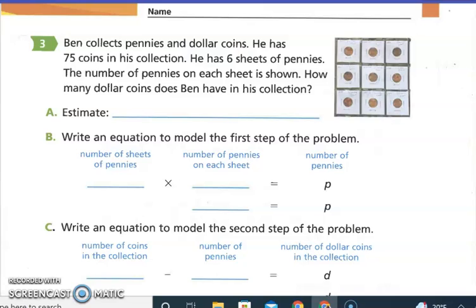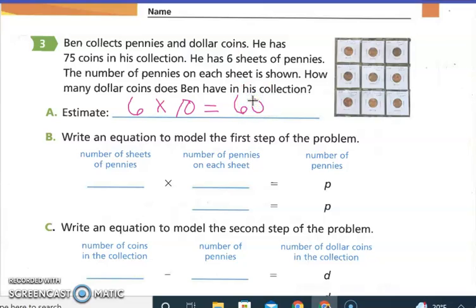Okay. So, Ben collects, he has 6 sheets. How many coins is in a sheet? We're estimating. So what could we round that to? That would be easiest. 10. Okay. Equals 60.